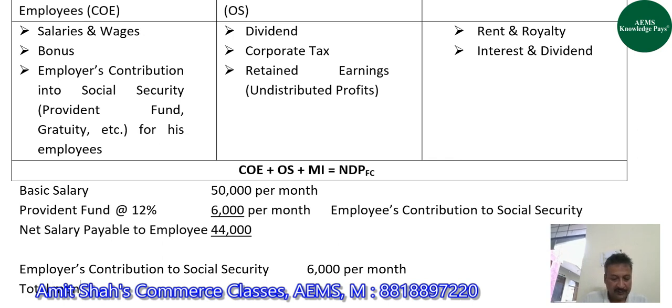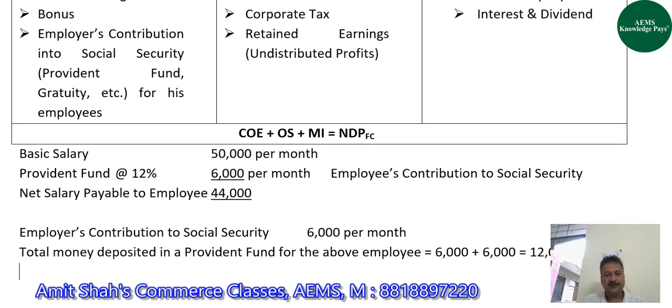So total money deposited in a provident fund, which is maintained by government, for the above employee is 6 plus 6, that is 12,000.